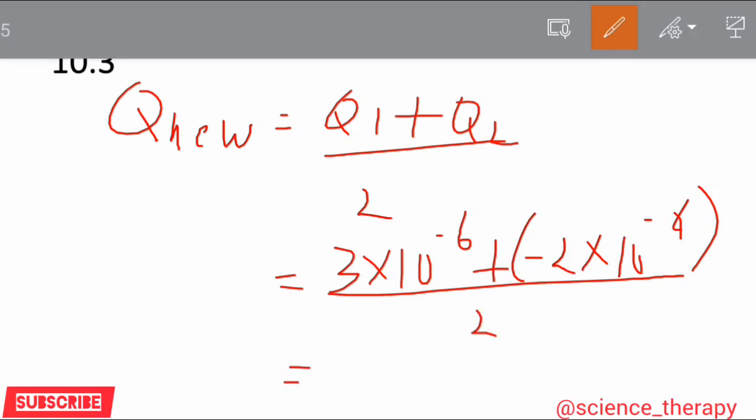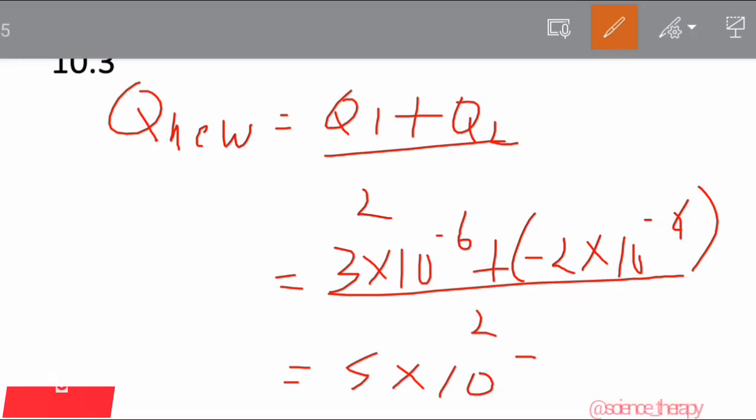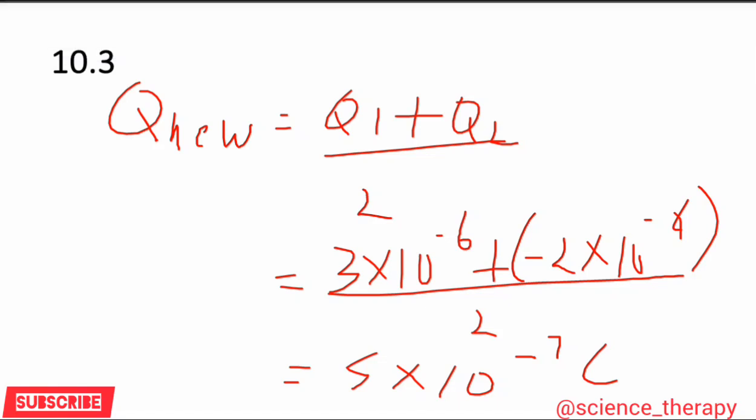So if you punch all that in your calculator, we have 5 times 10 to the power of negative 7 coulombs. Don't forget the SI unit. So that's the new charge on sphere B, and it will also be the same for sphere A.